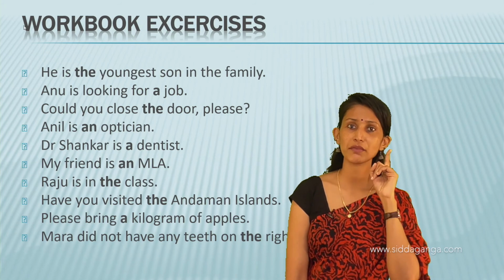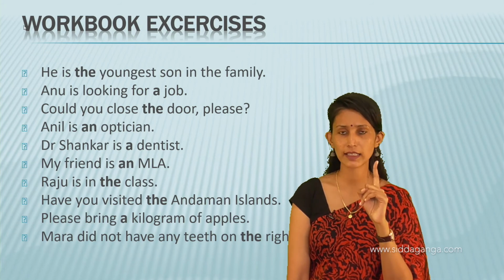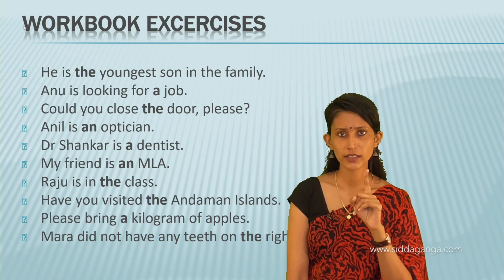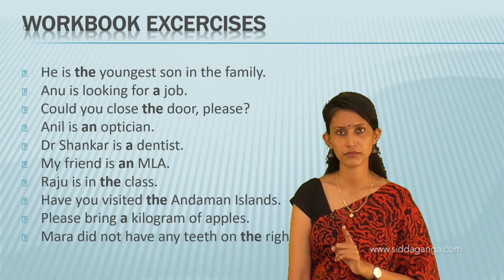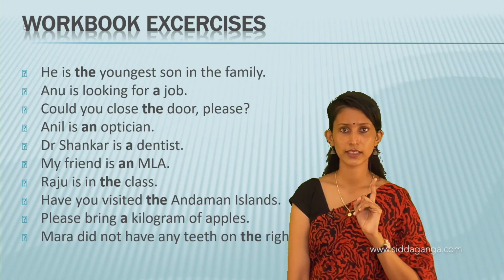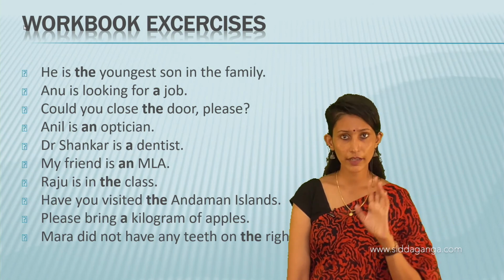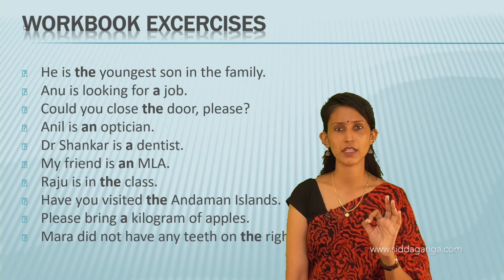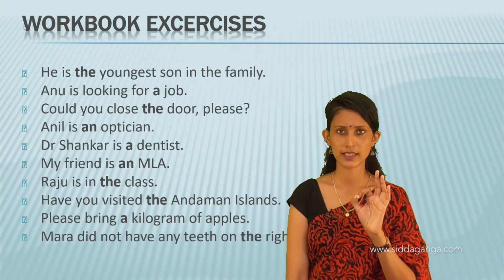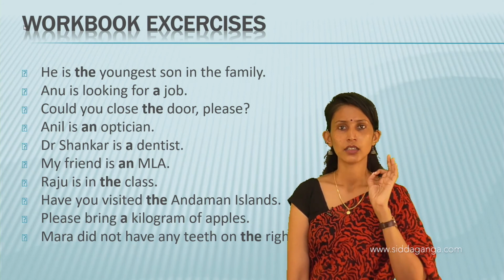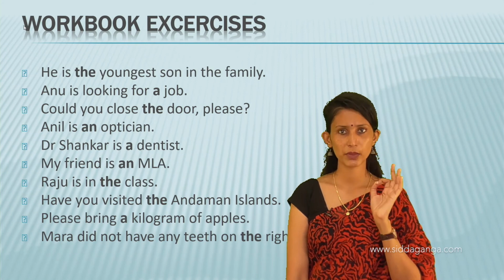I want you to remember the first example that I gave you in the first slide. A doctor, the doctor. A doctor can be anybody, indefinite. The doctor is a definite being, a definite entity. The rest of the exercises in your workbook, please work them out.